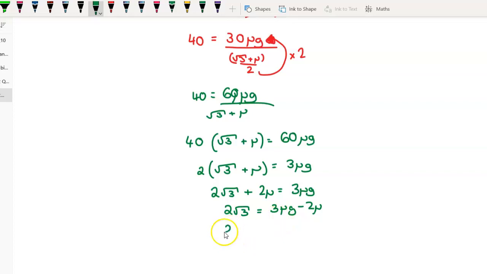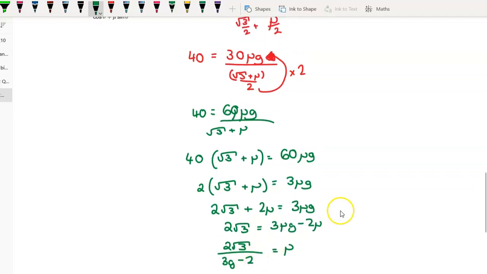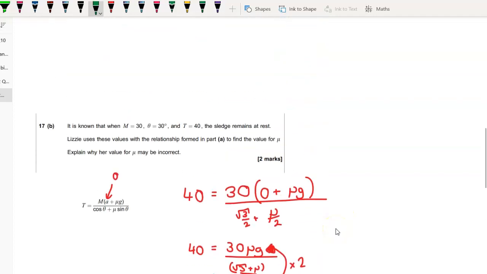So 2 root 3 over 3g minus 2 is equal to mu. Now in this case, g is 9.8, so that's all right. So it's nothing to do with the calculation then. So I wouldn't worry about that.